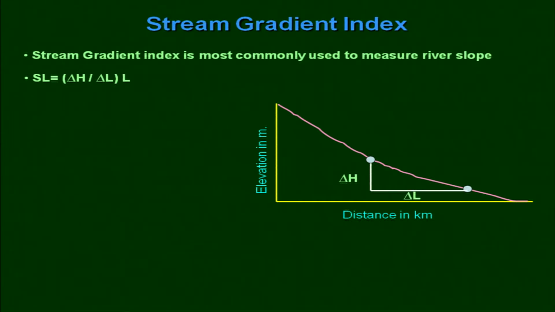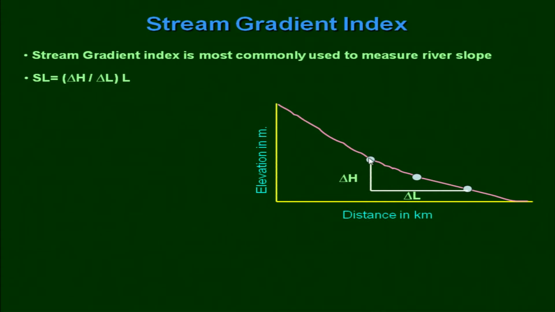If you want to measure the SL index of this point, you will take the distance upstream and downstream, the difference between them, and you have taken this stretch or segment of the channel, and the center of this point will give you the SL index of this area.